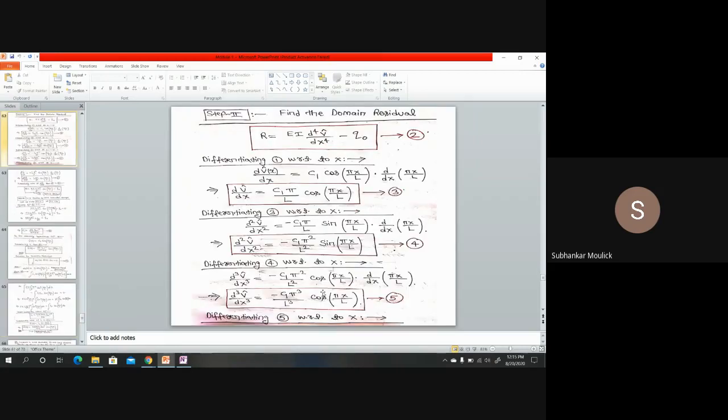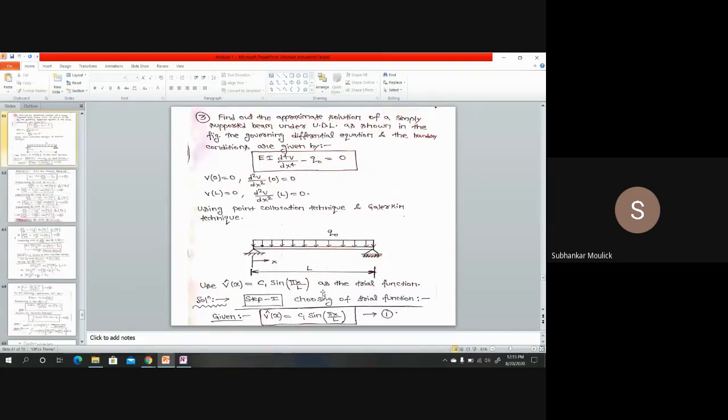Next, the second step in getting the approximate solution by the weighted residual technique is to find the residual or the error function of the problem. How can I find the error function? You have to evaluate the unknown parameter.